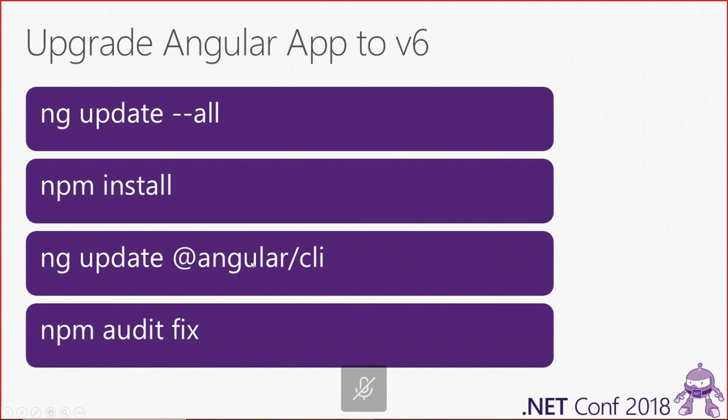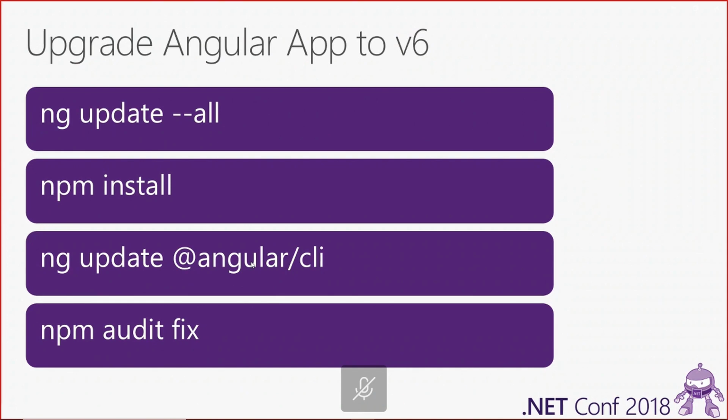You may now see some vulnerabilities in your npm packages, and to fix them, you should run the command npm audit fix. You may have to run this several times as some of the fixes introduce new vulnerabilities. And when you run your application and everything during the update was okay, then the application will be running as before.